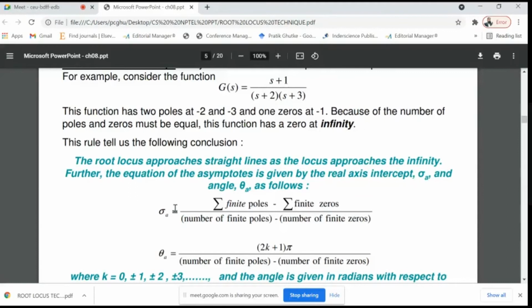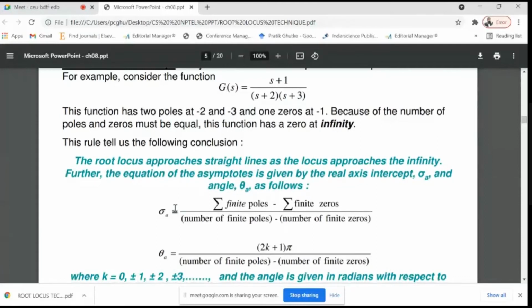In this example, the summation of poles would be minus 2 minus 3, means minus 5. Are you getting it? The summation of finite poles in this numerical is minus 5, minus the summation of finite zeros, means minus 1. Minus 5 minus (minus 1), how much is it coming? Minus 5 plus 1 means minus 4.